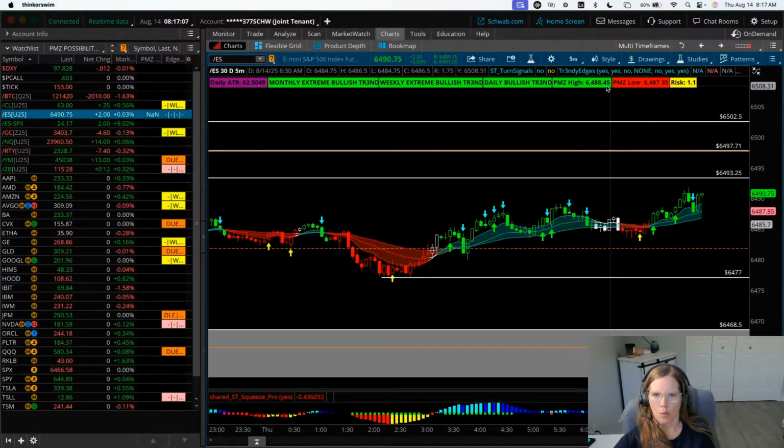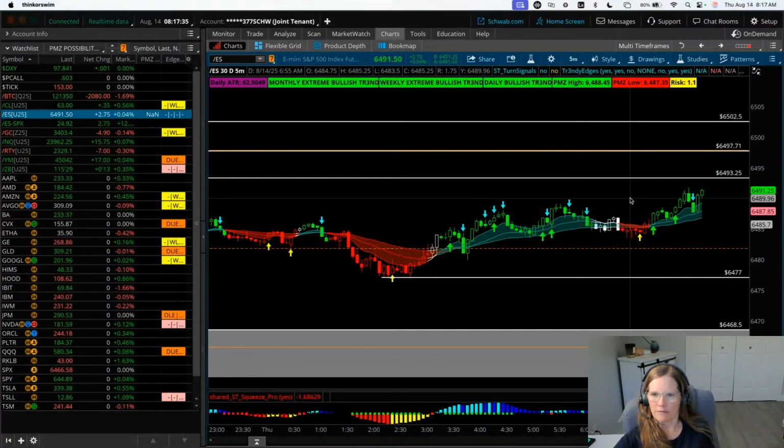So once the bell rings and this PMZ goes on, it pops up on the screen, you know how to trade it. If you're in the trendy room or the SPX room, price above it's a trigger long, price below it's a trigger short. And this one indicator right here gives me my overall bias as far as what trades I am looking for.